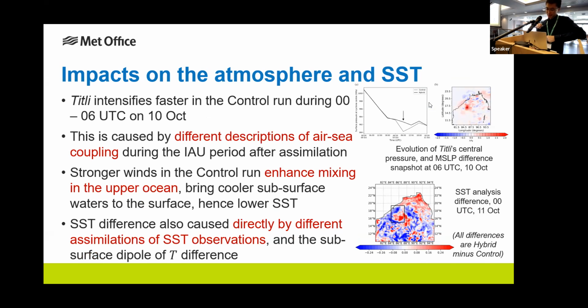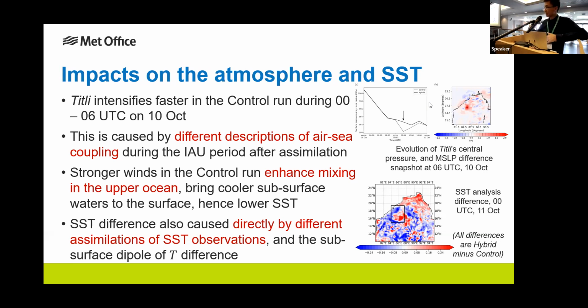And this is caused by the different descriptions of the air-sea coupling during the incremental analysis updating period after the assimilation. And we know that because stronger winds in the control run would mean an enhanced mixing in the upper ocean, and that would bring cooler subsurface waters up to the surface and then lower the sea surface temperature.